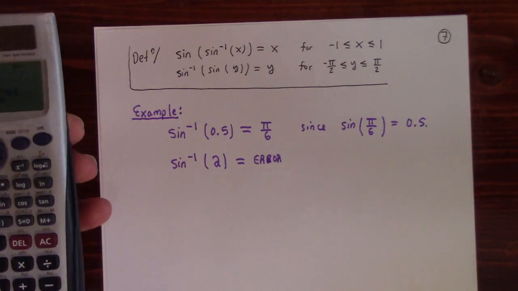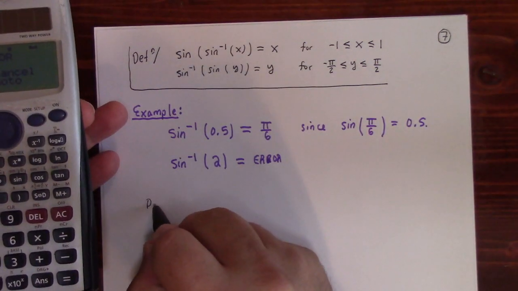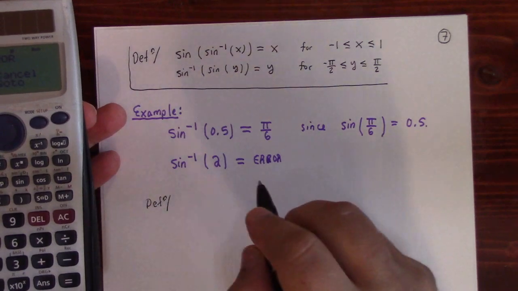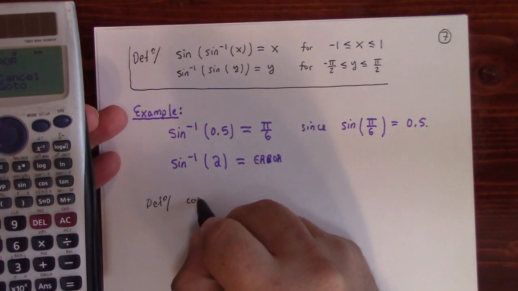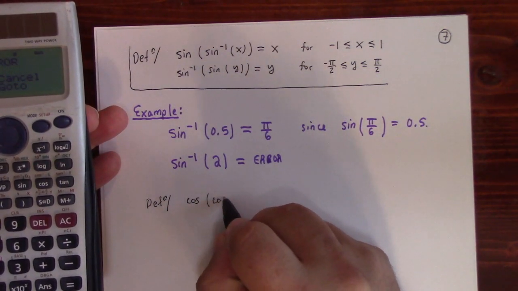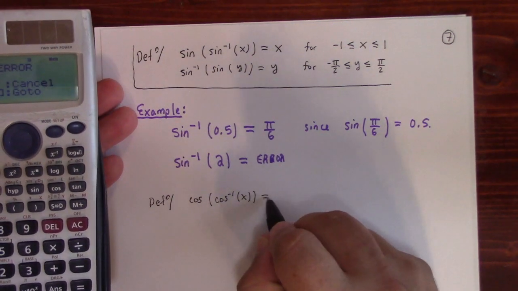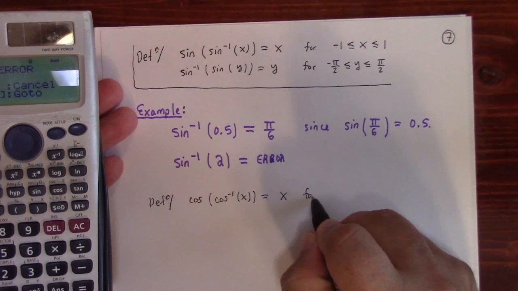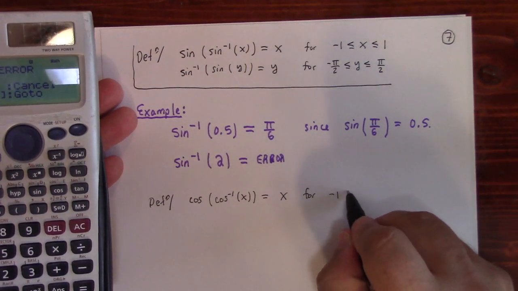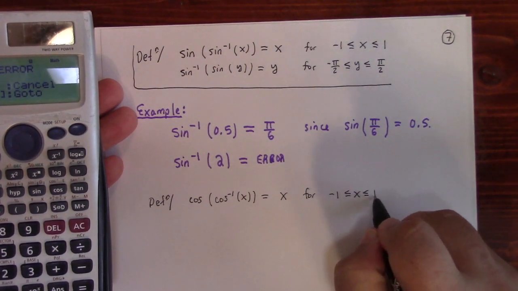Now, how about the definition of cosine? How's cosine go? Cosine of cosine inverse of x, well, this is easy. It's equal to x, for -1 less than or equal to x less than or equal to 1, right?